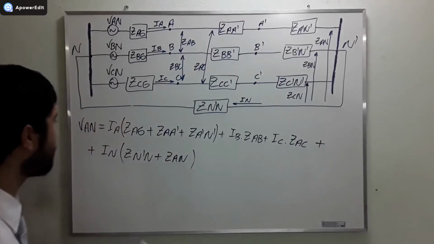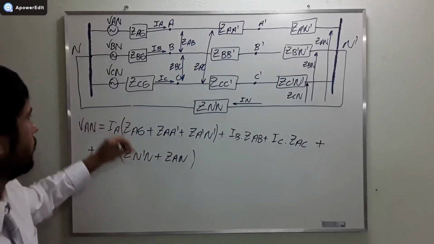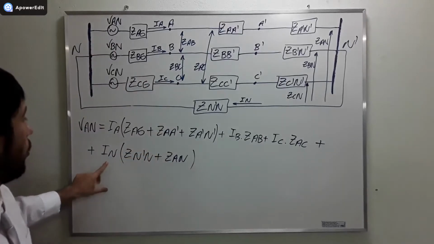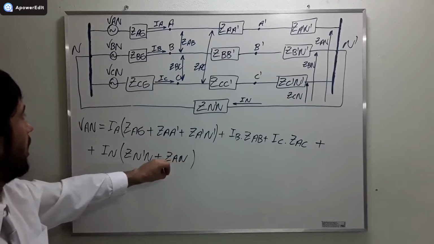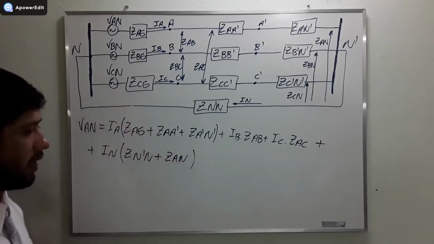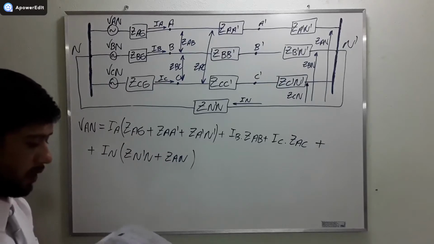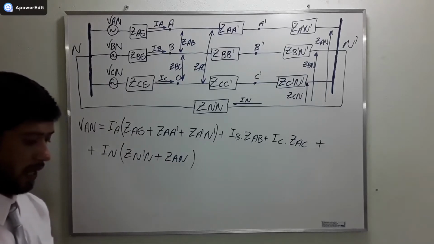Okay? We are going to do it for all the lines. We did it here for line A. We are going to do the same thing for line B and for line C. And what we get is a matrix.